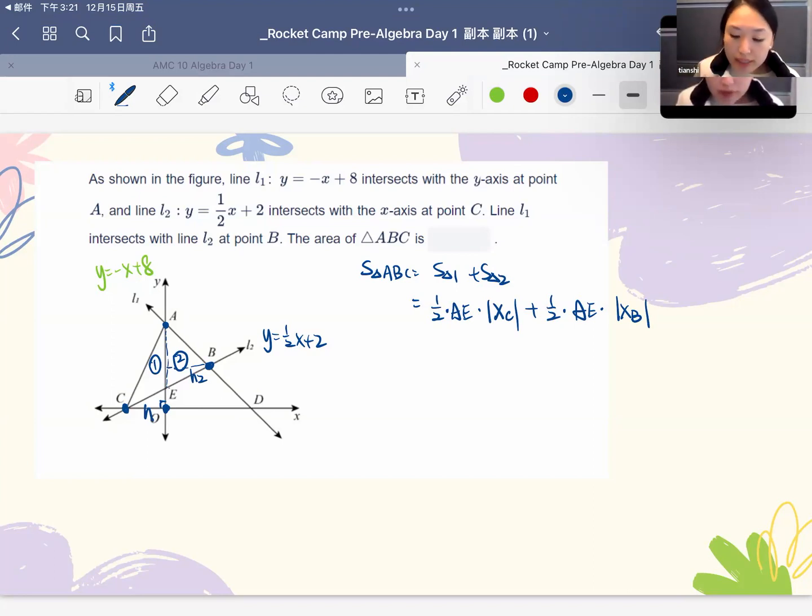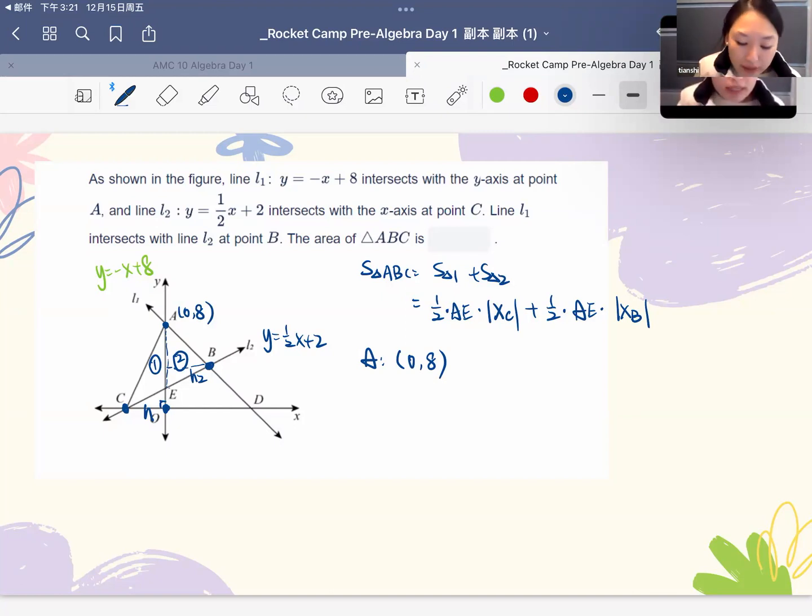To calculate the distance, we need to calculate the coordinates of the 3 points. So first of all, the coordinate for point A. Point A is on y equals negative x plus 8, so the coordinate should be (0, 8), right? And what about the coordinate for E?